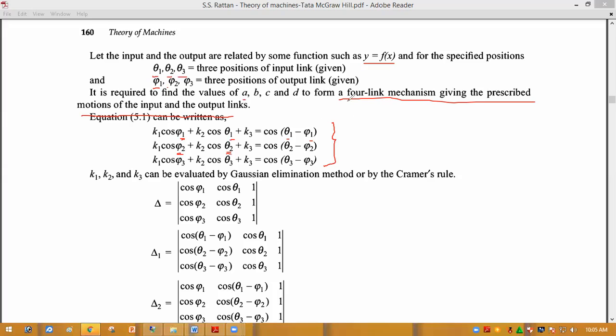If you know how to solve simultaneous equations using a calculator, you can simply proceed that way, or else you can use Gaussian elimination or Cramer's rule. First, from these equations, construct the matrix. Delta equals the determinant of cos phi 1, cos theta 1, and cos theta 1 minus phi 1: take the first column, the second column, and the third column. This will be the delta.